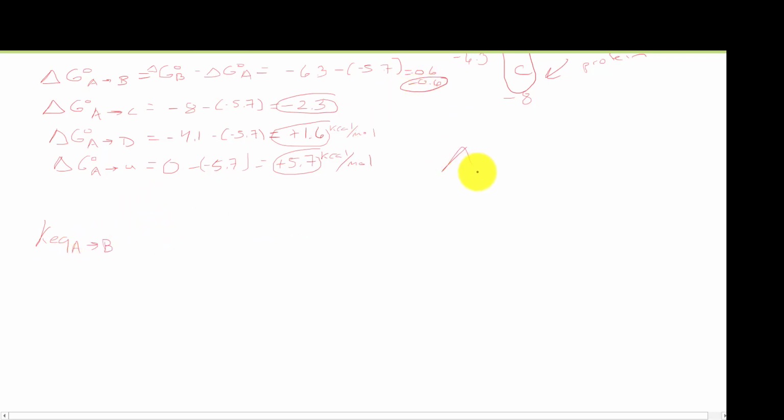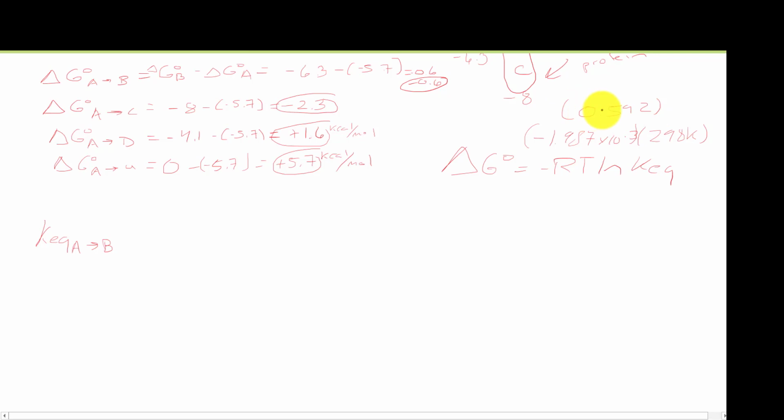Recall this equation, delta G naught is equal to negative RT ln Q. If we're in kcals per mole, R is 1.987 times 10 to the negative third kcals per mole Kelvin, times 298 Kelvin. This whole thing equals about 0.59.